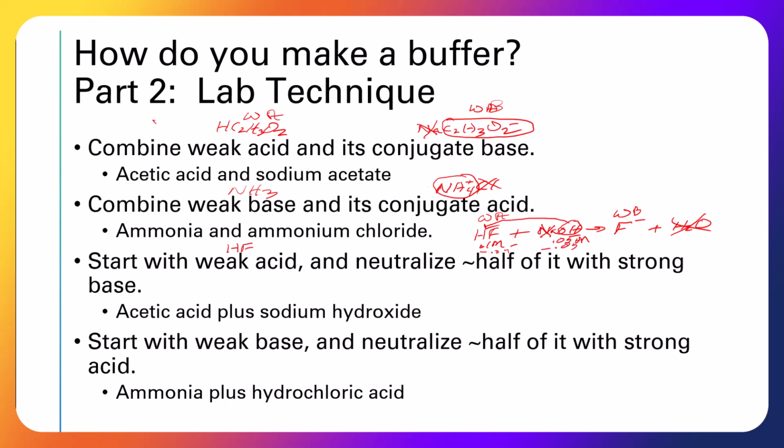Our strong base is gone, but in the process, we made 0.05 molar of fluoride. So that is a typical way to make a buffer using a weak acid and adding half as much strong base with it. We could do the same thing with a weak base and neutralize half of it with strong acid.